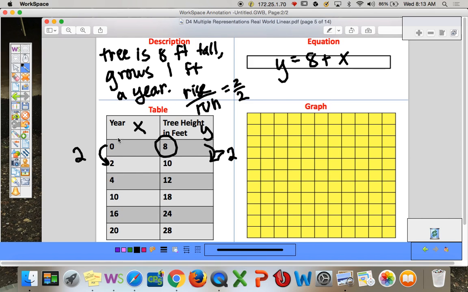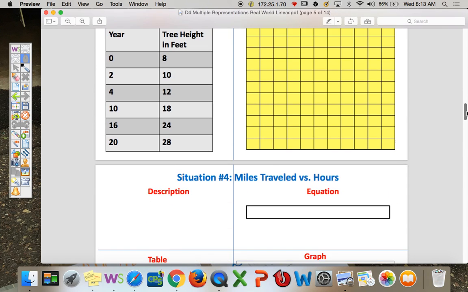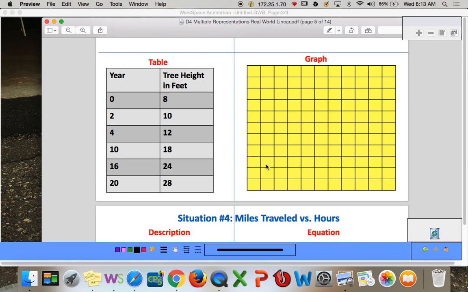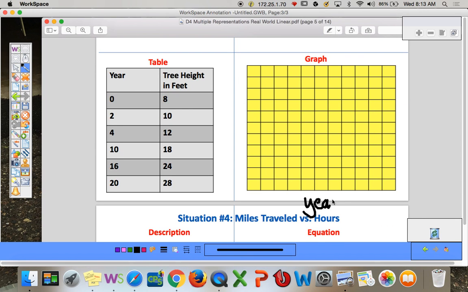Let's make our table. We have to go from 0 to 20 years, so I'm going to go up by 2's. And our height has to go from 8 to 28, so I'm going to go up by 4's. So if we make our graph right here, so this will be years, and this will be height.